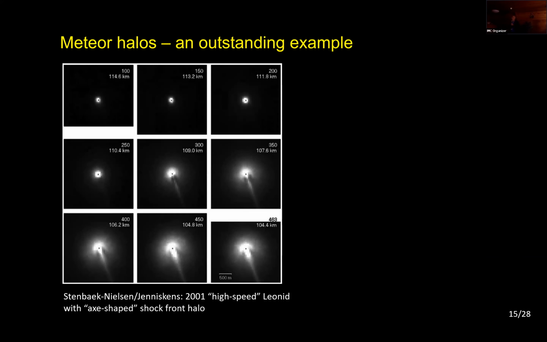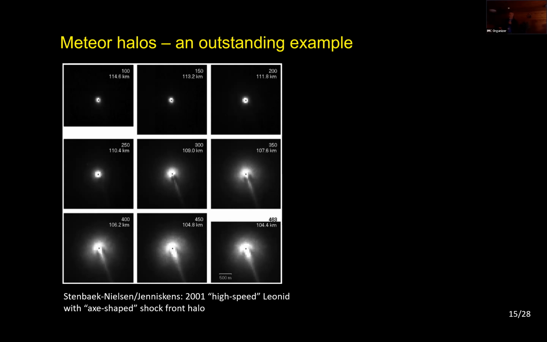An outstanding example for a meteor halo, I think most of you know these images because, to my knowledge, it is the only recording of a shock front halo, done by Steenbeck, Nielsen, and Jenniskens with a high-speed camera in 2001.